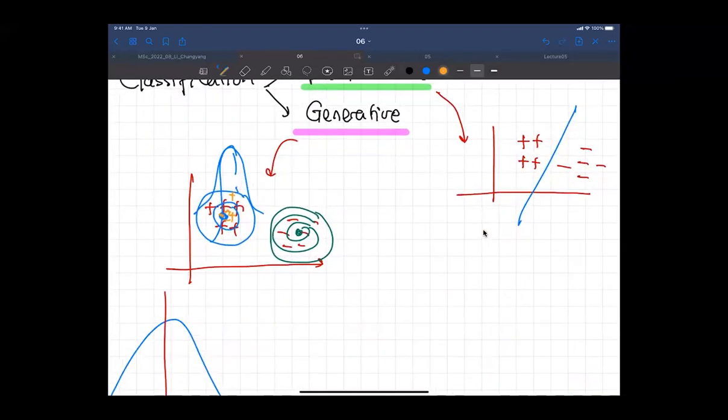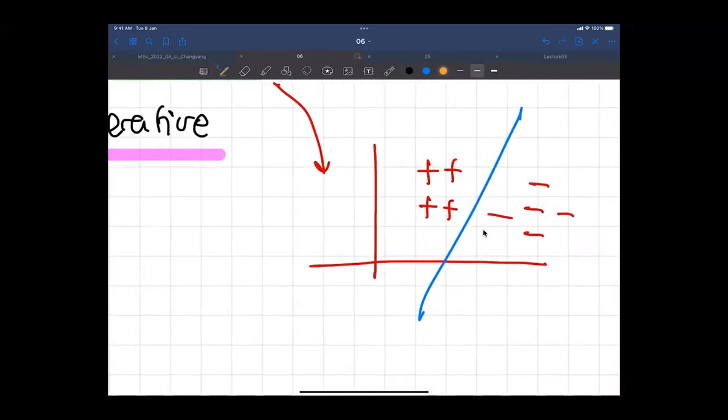If you only know the line, as in discriminative, you cannot sample the data. Of course, you know that above the line is positive, but you do not know the distribution. You only know the rough area of the positive.